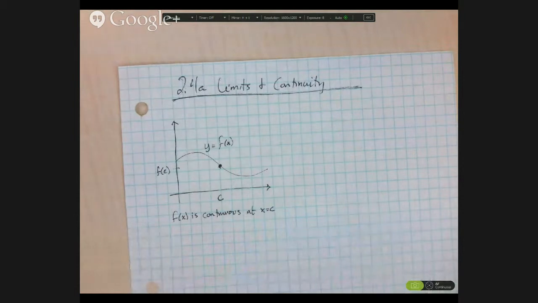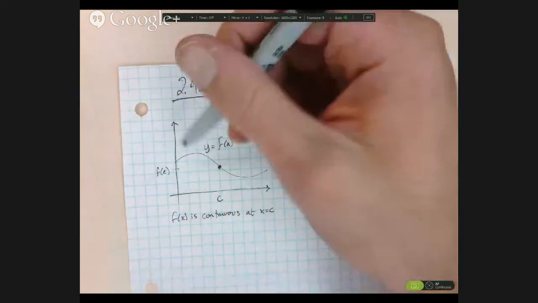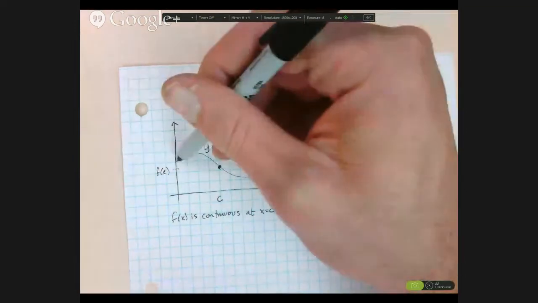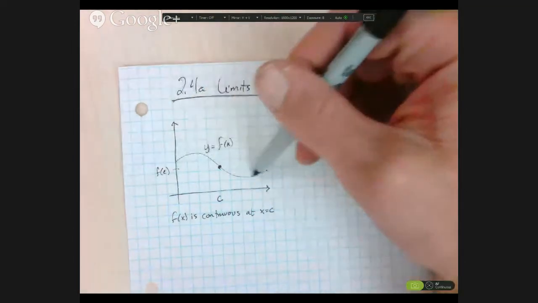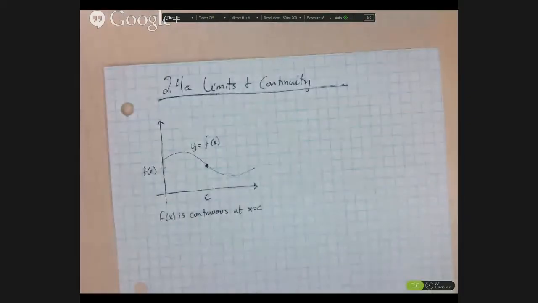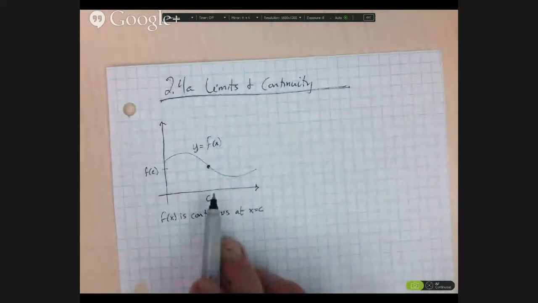Okay. Basically, what we say in calculus is you don't pick your pencil up. Right, so I can draw this whole entire graph without picking my pencil up. It's continuous. Okay, so this is continuous at a point.